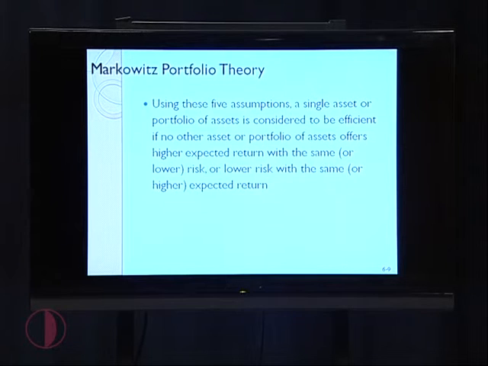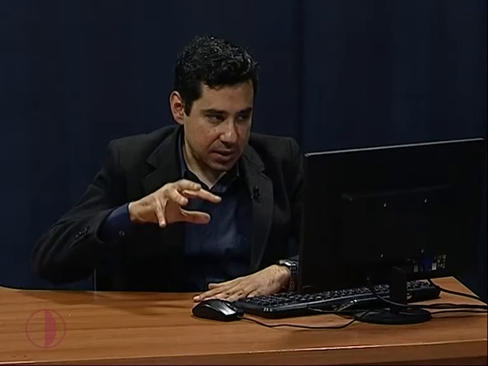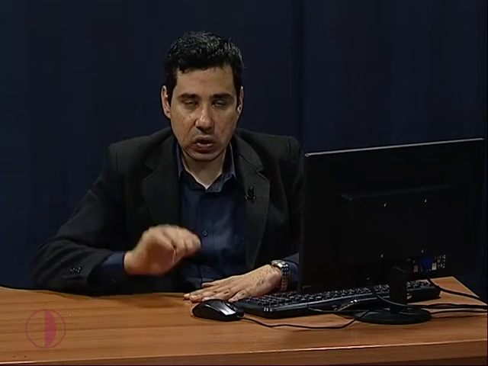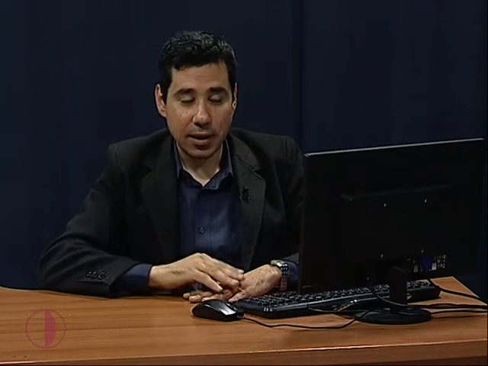That means if we have a portfolio that includes some assets, we can call it an efficient portfolio if there is no other asset with a higher return and lower risk.